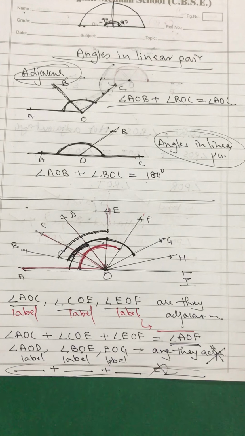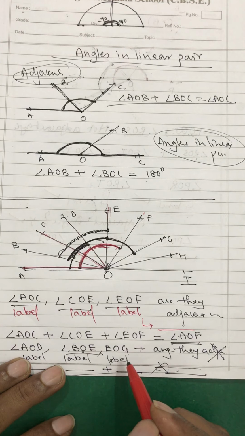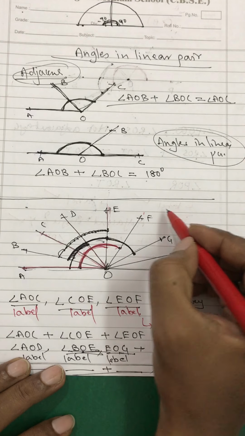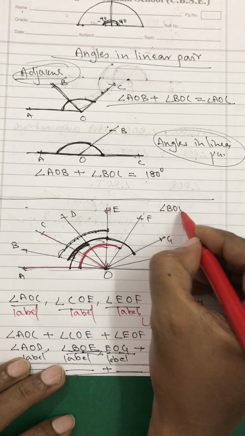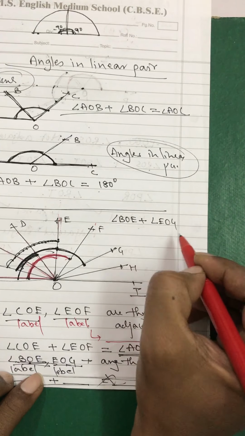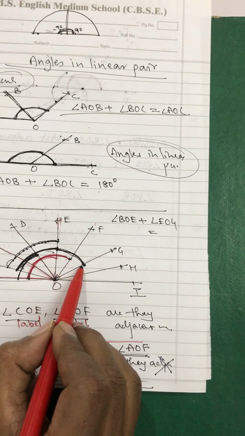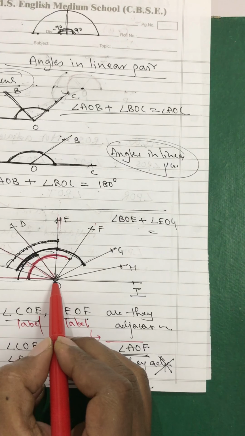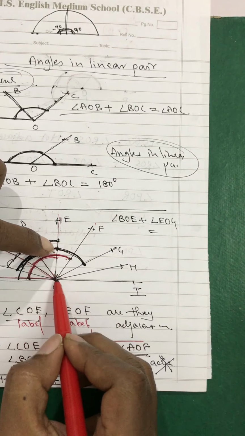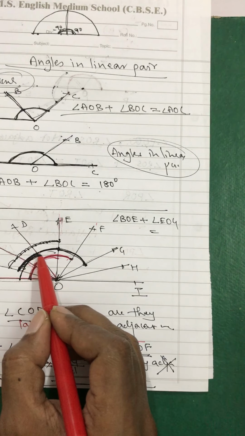Of course, definitely here we can say angle BOE and angle EOG are adjacent angles. If you consider angle BOE, only this much, plus angle EOG will be equal to what? Here this will be totally what?